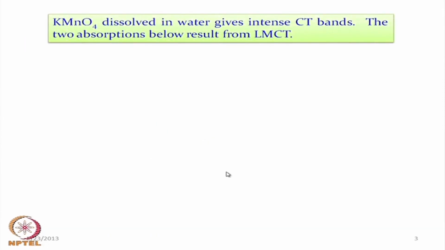So these sorts of charge transfer give us some important conclusions, like the ligand to metal charge transfers we have already discussed for KMnO4. When we dissolve it in water, it gives an intense charge transfer band. Now, what type of transition do we have when we record it in a spectrophotometer?